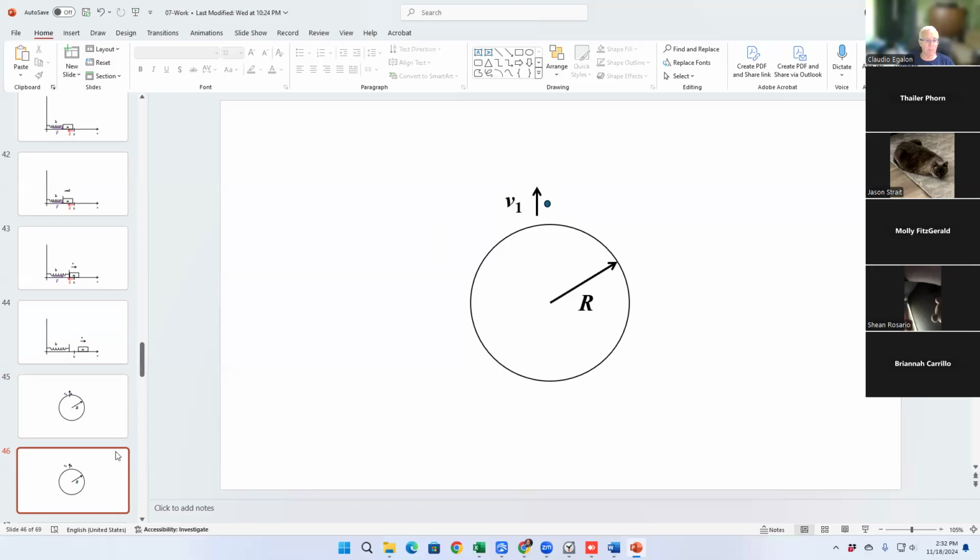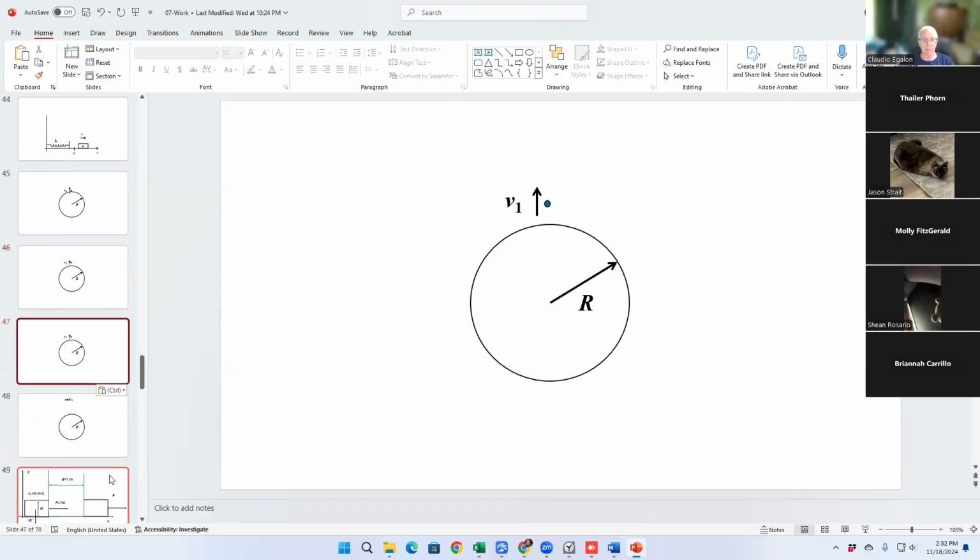Next frame of my movie, it climbs into space, the arrow of the velocity shortens, and that's going to be v2, until it reaches v final. V naught, v1, v2, v final.